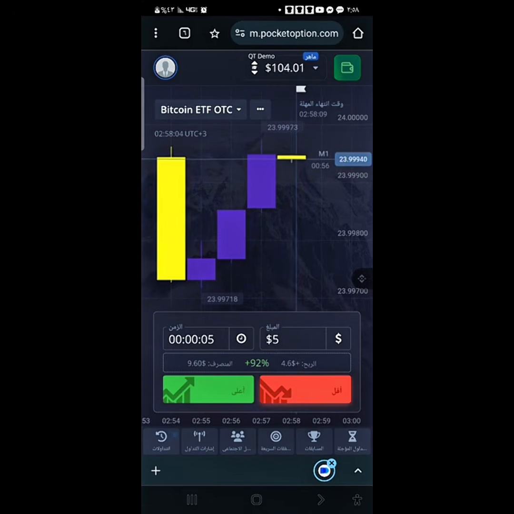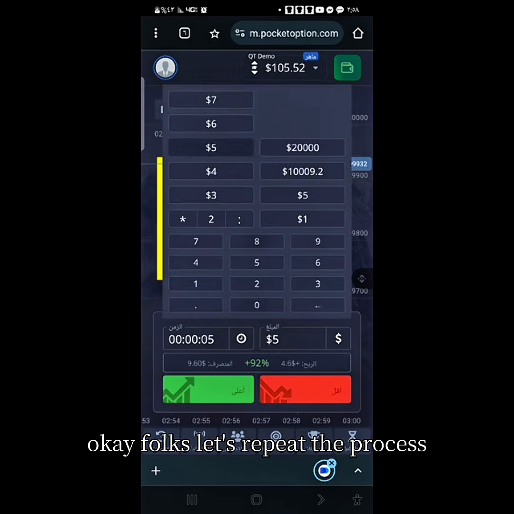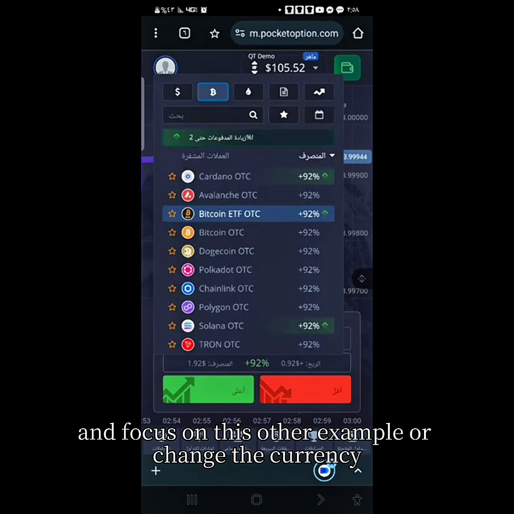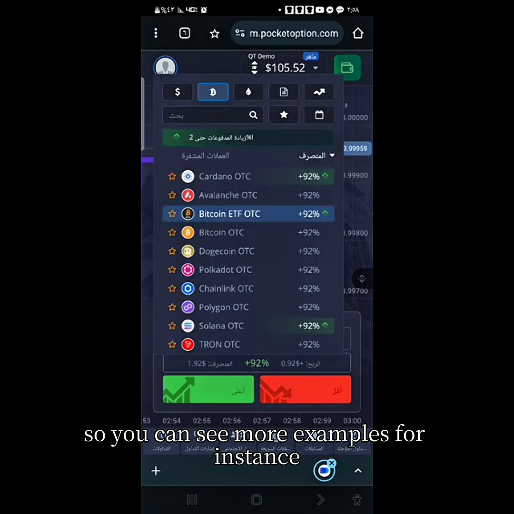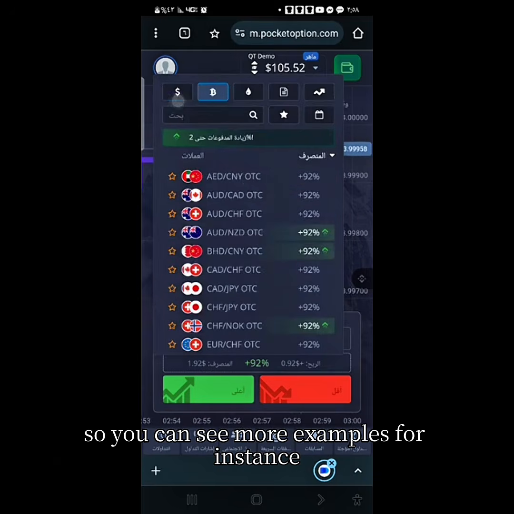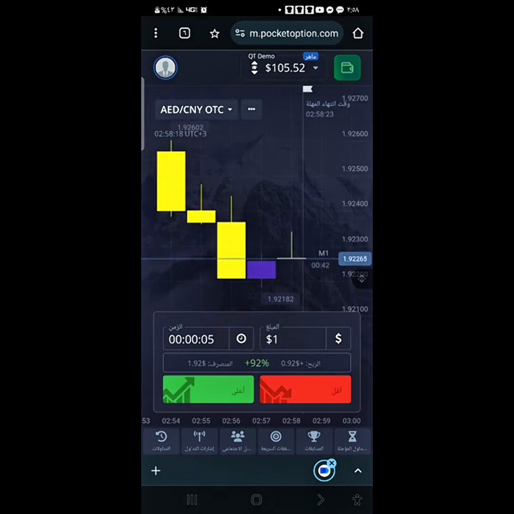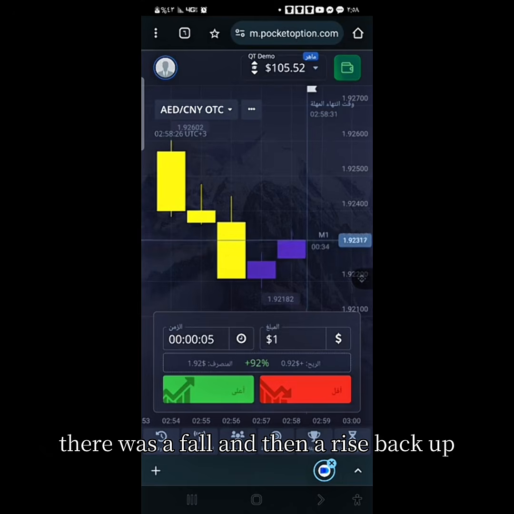Okay, folks, let's repeat the process and focus on this other example, or change the currency so you can see more examples. For instance, on the angle, there was a fall and then a rise back up.